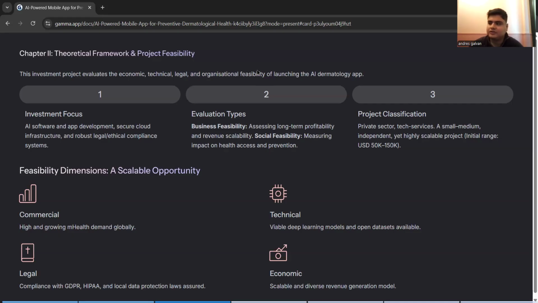exactly how to ensure sustainability with this product, how this could be a scalable opportunity. So, to ensure this, trying to prove legal feasibility is ensured for companies with data protection.